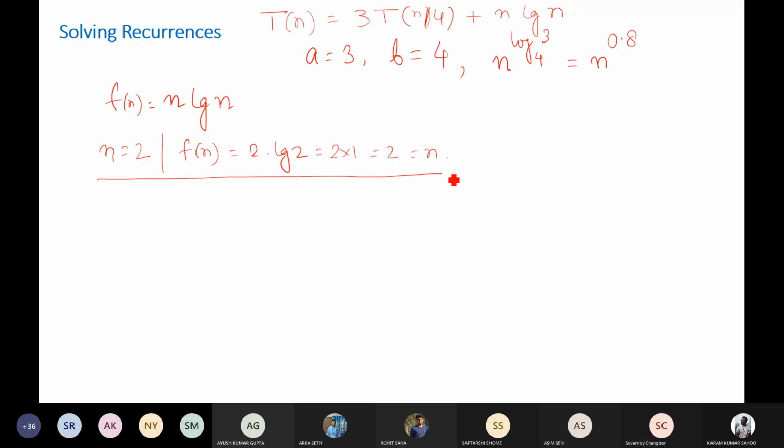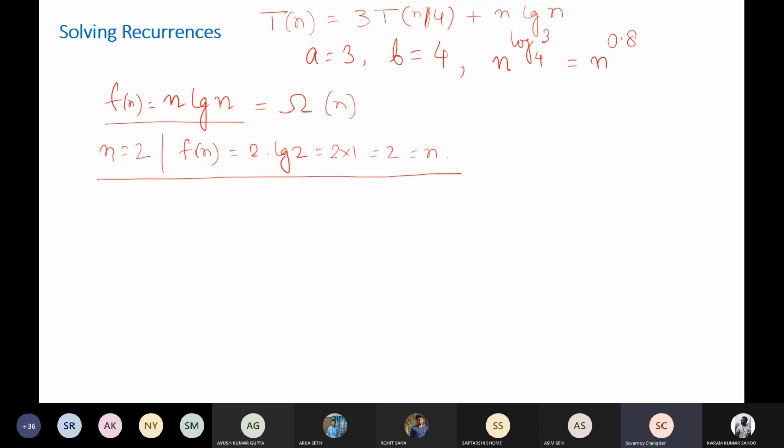So the lower bound of n log n is omega of n, that we can write.